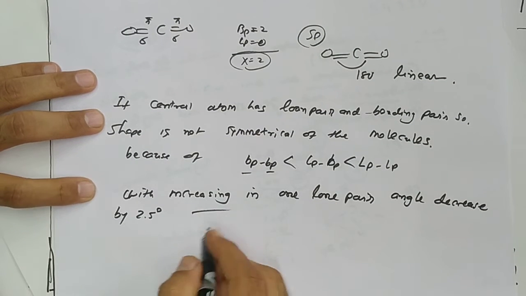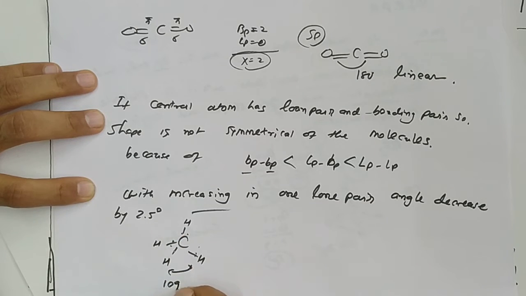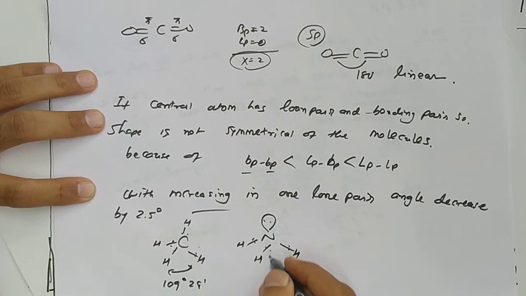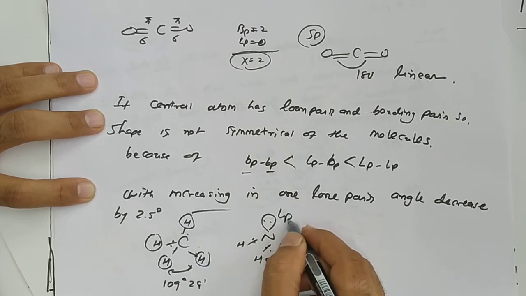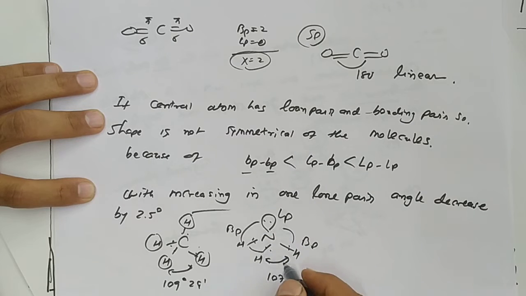Yes, in methane hybridization is sp3, bonding pair 4, and the exact angle is 109 degree 28 minutes. In ammonia also, bonding pair 3, lone pair 1, hybridization sp3, but here the angle is 107 degrees. Why? Here there is one lone pair, so the repulsion between lone pair and bonding pair is more, so the angle is decreased and the geometrical shape is changed.